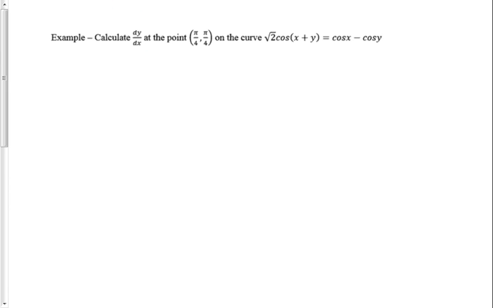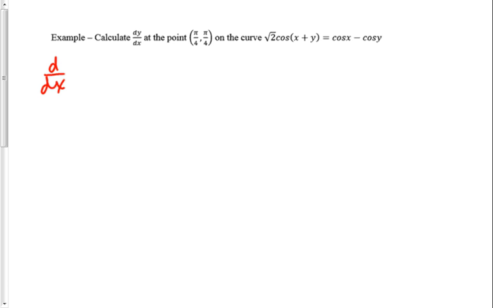So we are going to find dy dx at the point pi over 4 comma pi over 4 on the curve square root of 2 cosine of x plus y equals cosine x minus cosine y. Okay, let's get started. So what I'm going to do is find d/dx of each term.